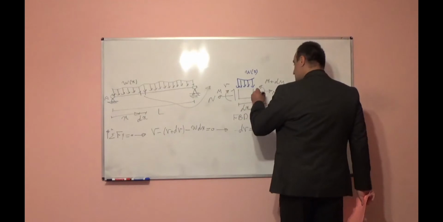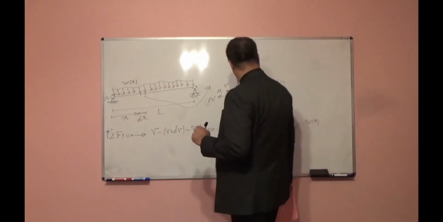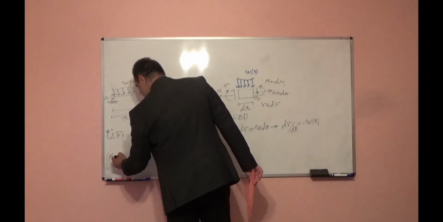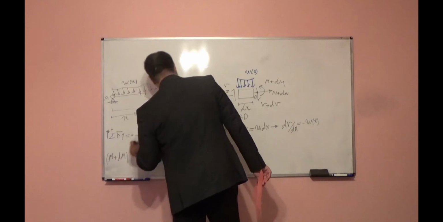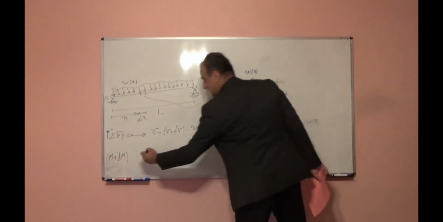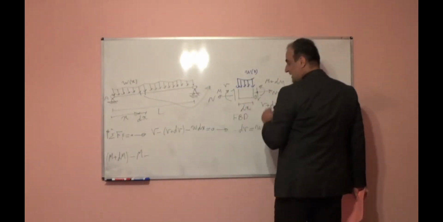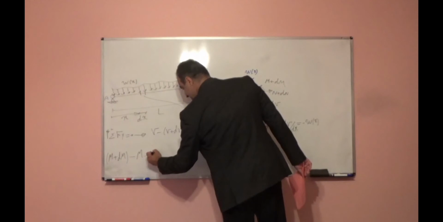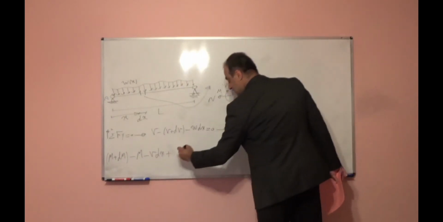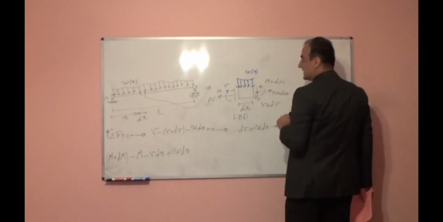If I take moment with respect to the cut point O, for example this point, what can I write? I can write (m plus dm) minus m minus v times dx plus w times dx, which is the resultant force.